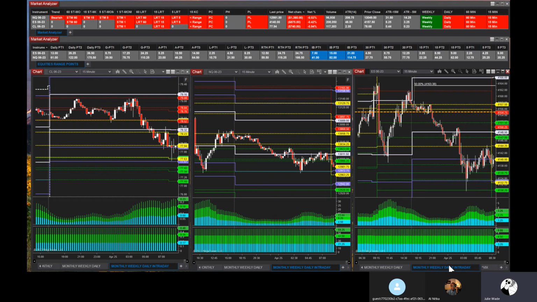Well, that market analyzer is just very red. See the momentum, linear regression trend. The higher time frames, daily, 60-minute, 15-minute are red. So far, we're below the net change, almost a half a point for the NQ, 0.40 for the ES. Crude is down almost 1%.